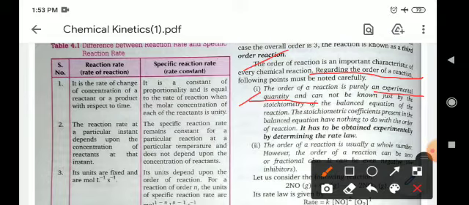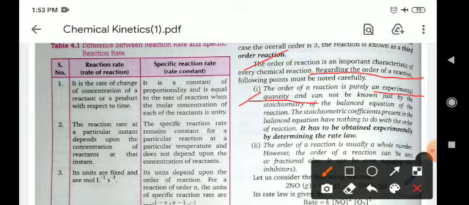Because you have calculated this data theoretically, but as we know, order of reaction is experimental data. So by looking at a reaction you cannot predict the order of reaction. To find the order of reaction you have to determine it experimentally.